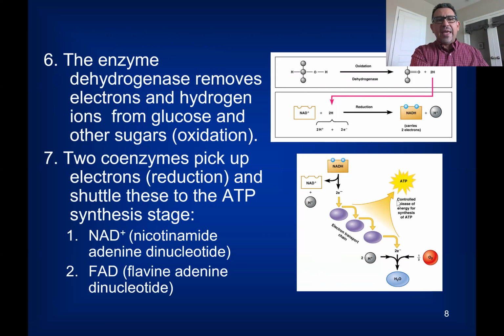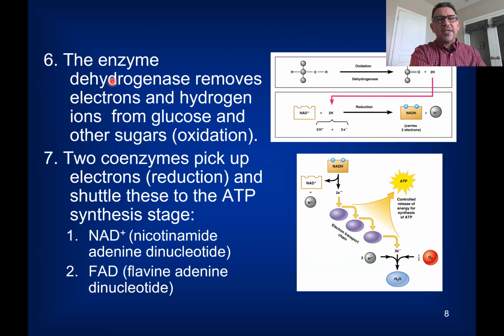In this case, enzymes called dehydrogenases are in charge of removing hydrogen ions and electrons. In a sense, hydrogen atoms are being removed from glucose molecules or from any other fuel molecule that is being used in metabolism.